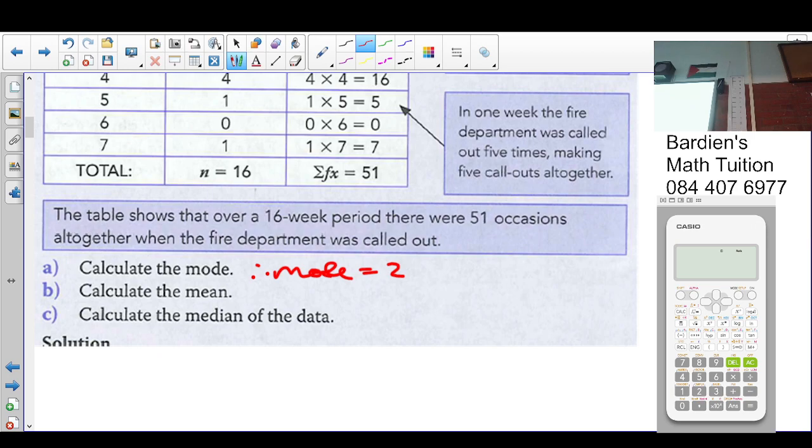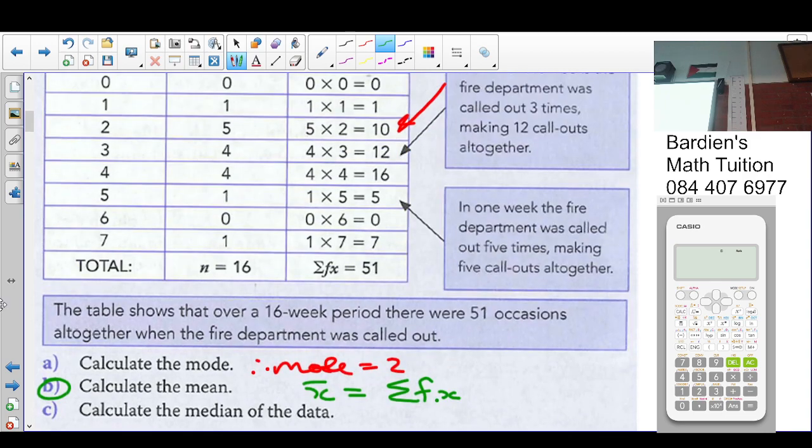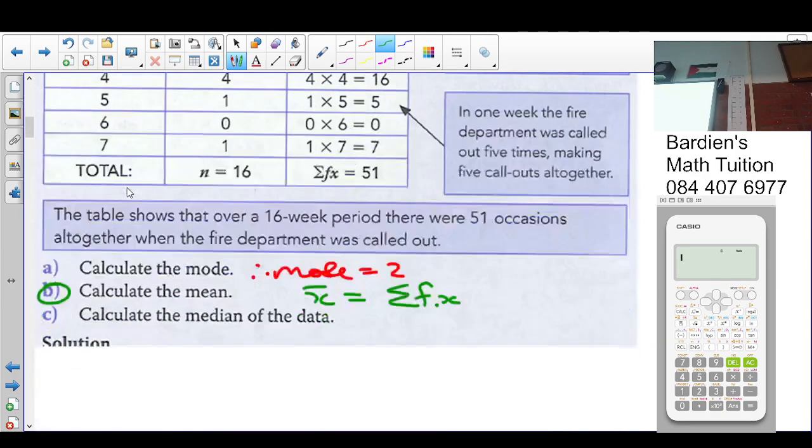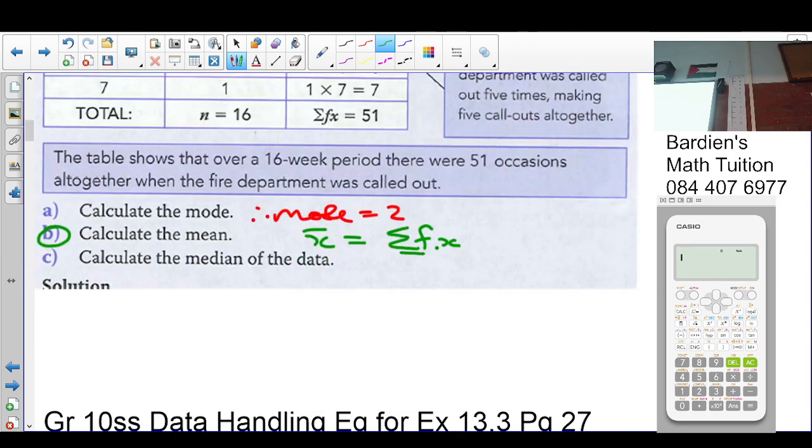When we work out the mean, how do we normally calculate mean, people? The sum of all the numbers divided by the number of numbers. So if I consider the sum of the numbers here, it's the sum of the frequency times the number of weeks, over n.